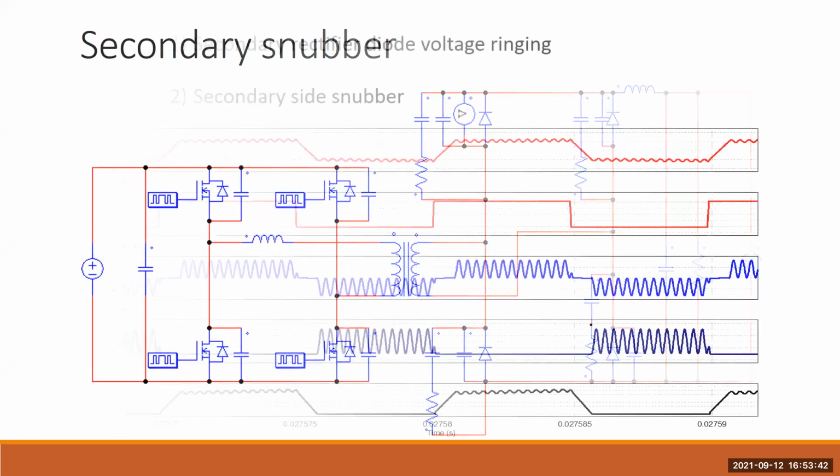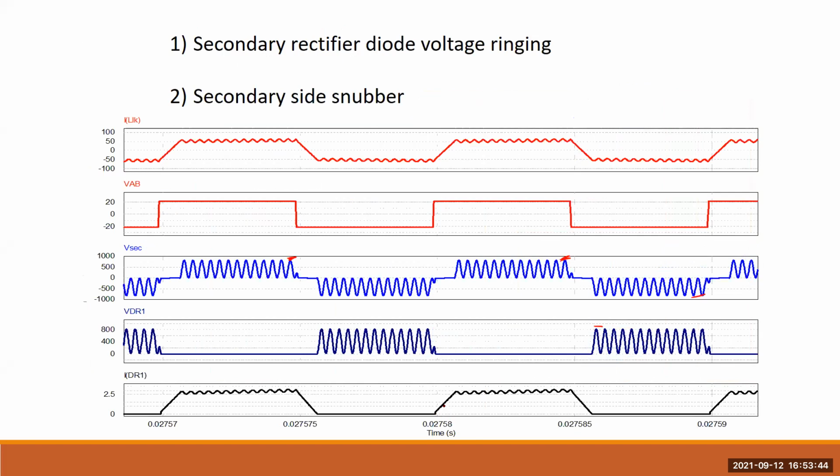And you can see that this diode is conducting. Similarly, another diode pair will be conducting, causing duty cycle loss.